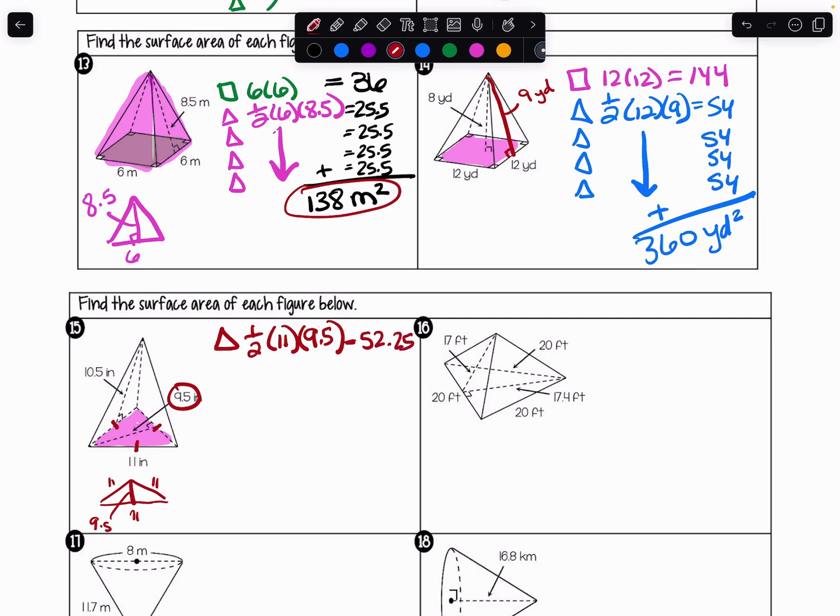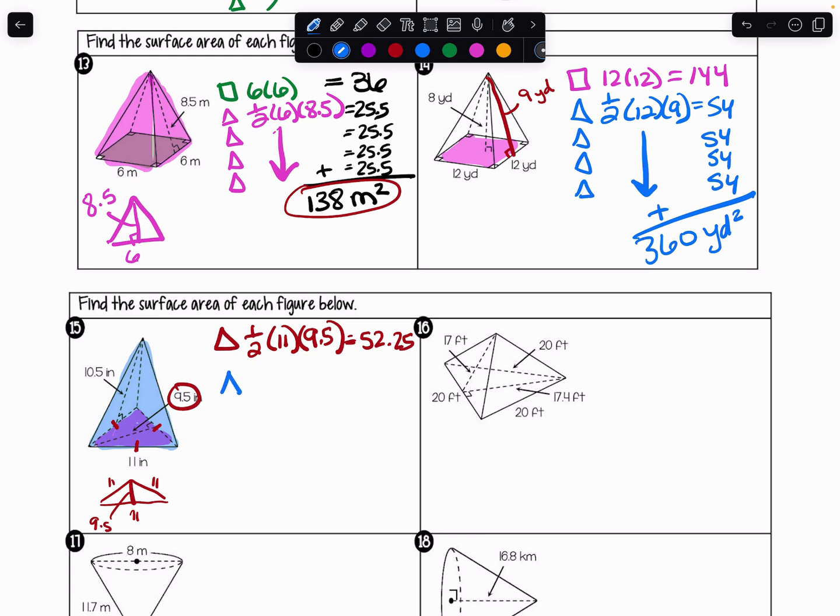Now I have 3 other faces that are triangles. In my previous examples, I had 4 faces around the sides that were triangles, but this one only has 3 because they're each coming out of one of the sides of that base, and the base is a triangle, so there's only 3 sides that can have a triangle coming out of it, right?